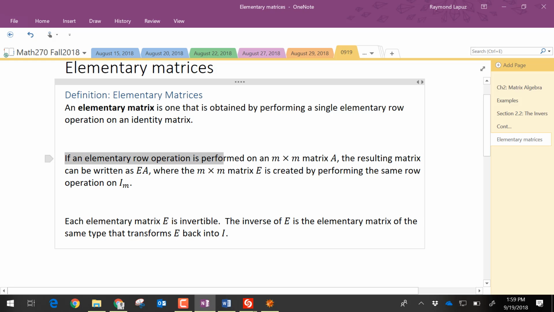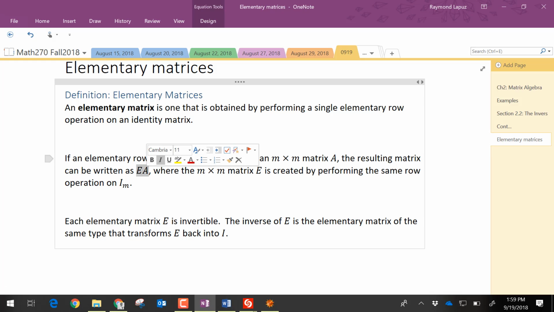It says here that an elementary row operation performed on an m by m matrix is the same thing as multiplying that matrix by an elementary matrix that does the same thing.